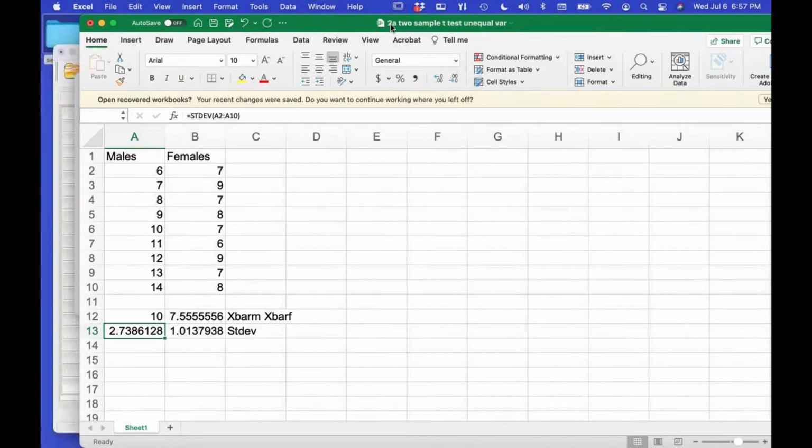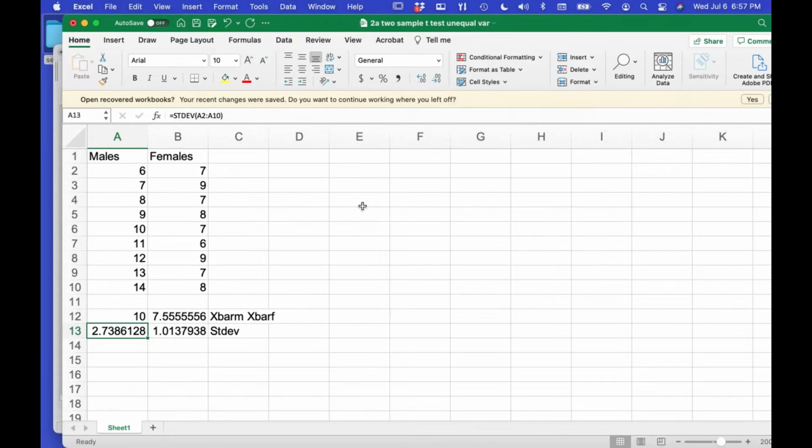So now what formulas am I going to use here? Always, t is going to be equal to x bar 1 minus x bar 2 over the standard error. That's going to be pretty universal, so they're going to take the same form whenever we do this stuff.